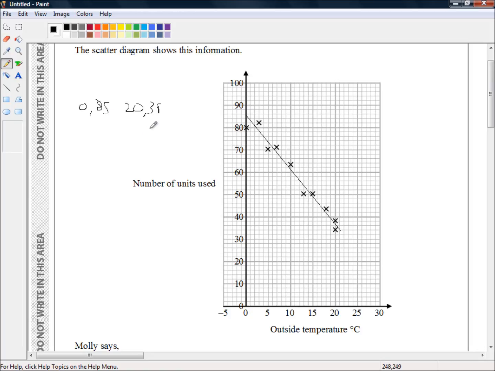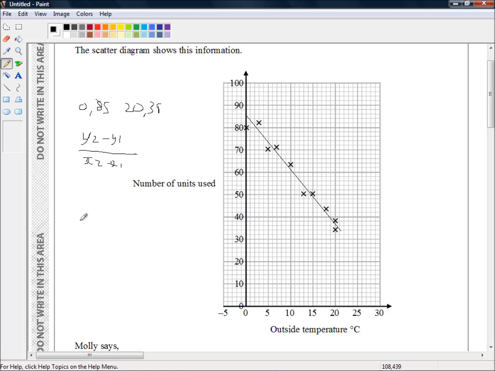So the gradient is usually given as y2 minus y1 over x2 minus x1. In other words, it's how far up the y-axis it's gone divided by how far across the x-axis it's gone. So it's just rise over run, up over across.